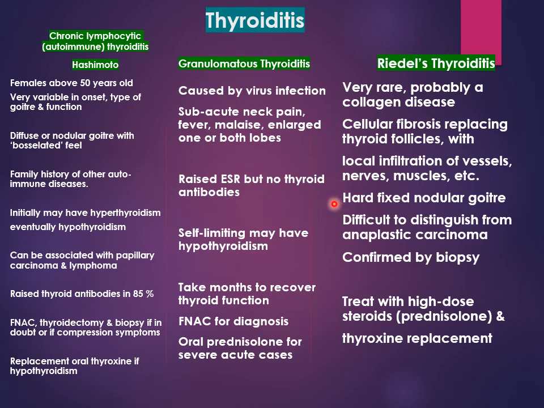The gland itself becomes very hard, fixed and nodular, at times difficult to distinguish from anaplastic carcinoma. Confirmed by biopsy, and treatment is with high dose of steroids and thyroid replacement.